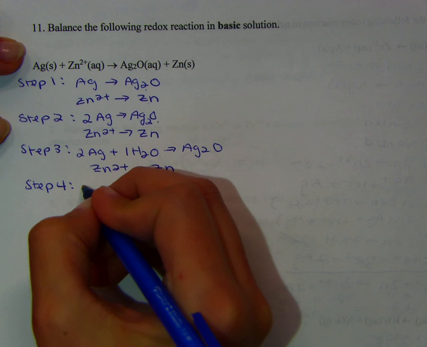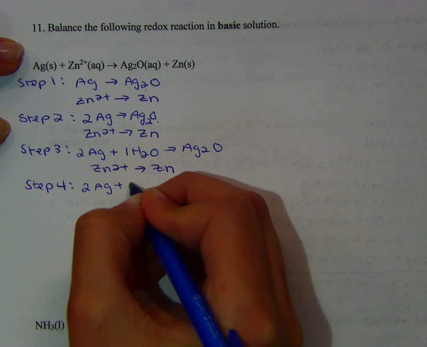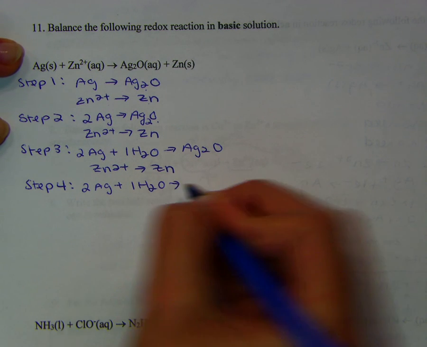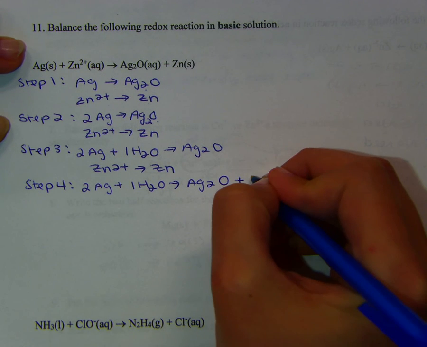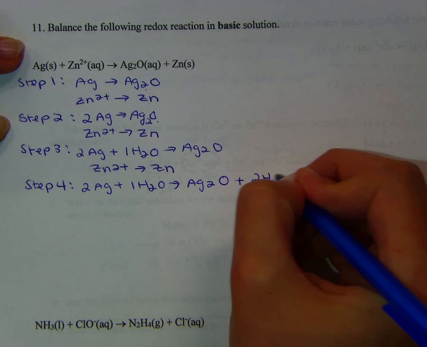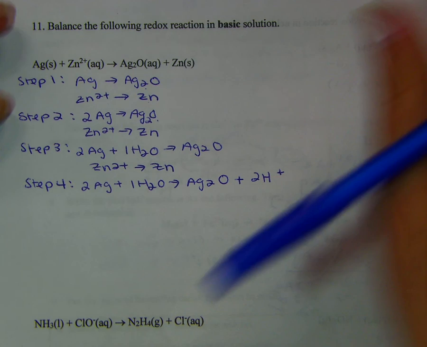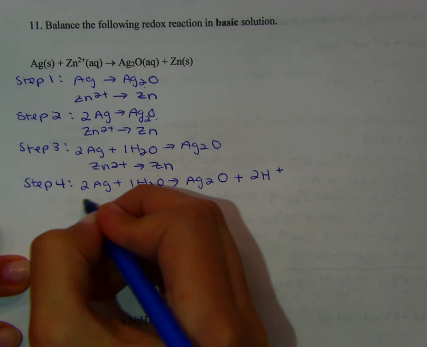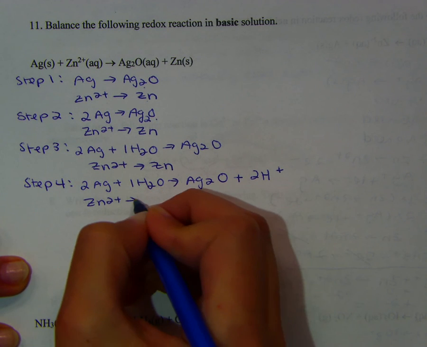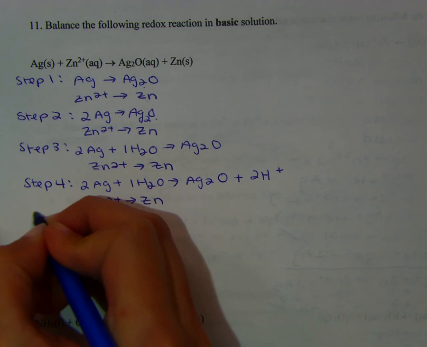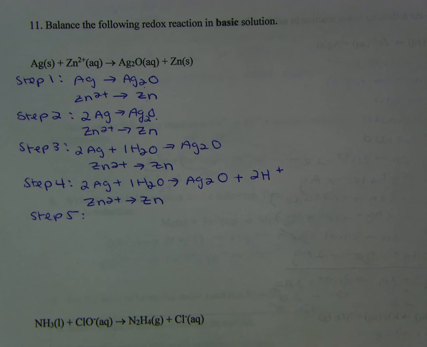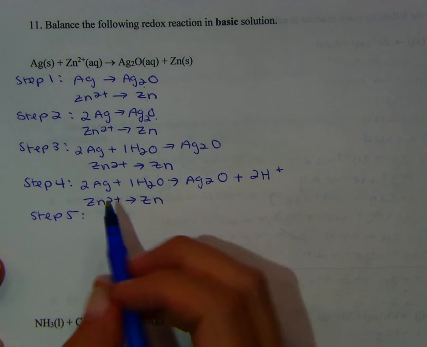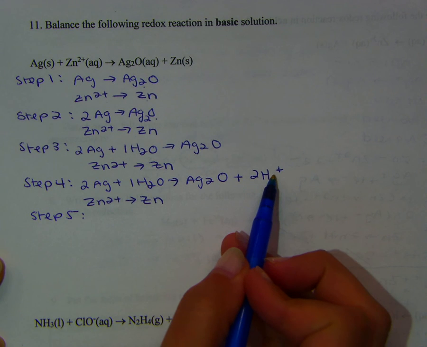So I'm going to have my 2 Ag plus my 1 water goes to my Ag2O plus 2 H pluses. And then if I have 2 H pluses, I also have to have my zinc one, which is untouched, thank goodness, so we only have to do this once. Now I have step 5. Step 5 is adding the charge, and like I said, we always add based on the whole charge. So here I have 2 plus on this side.